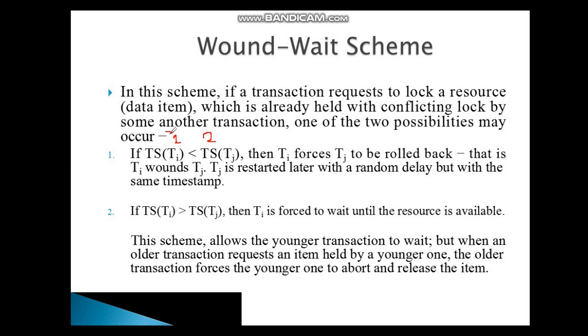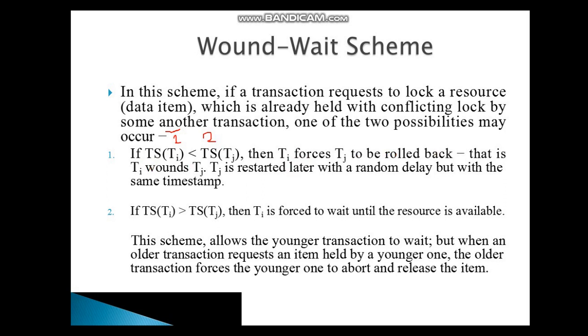So Ti is the older and Tj is the younger. Then Ti forces Tj to be rolled back.